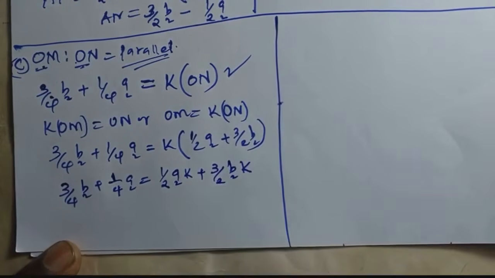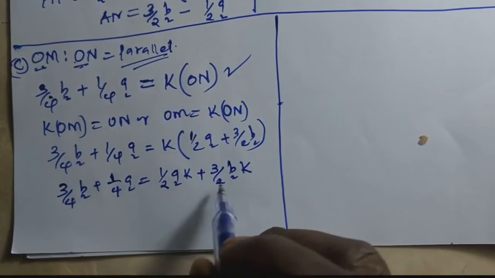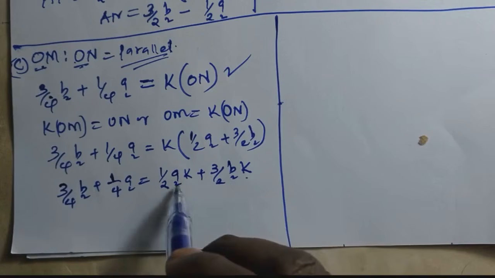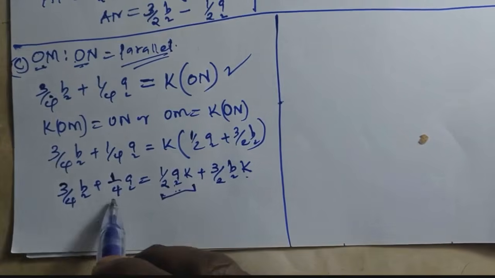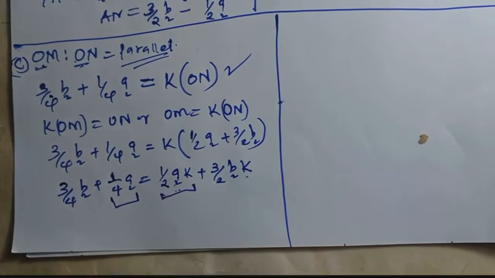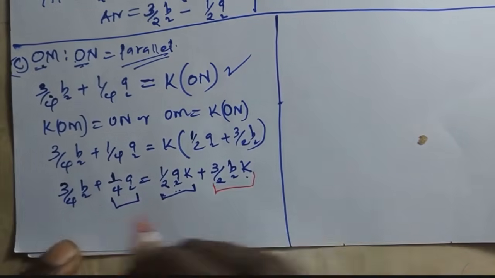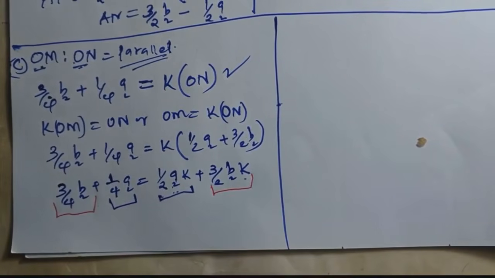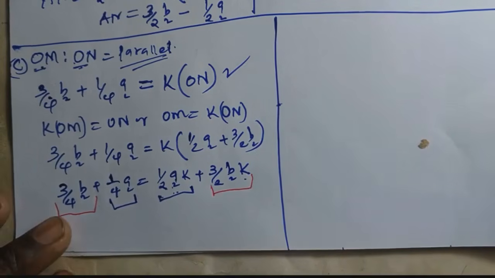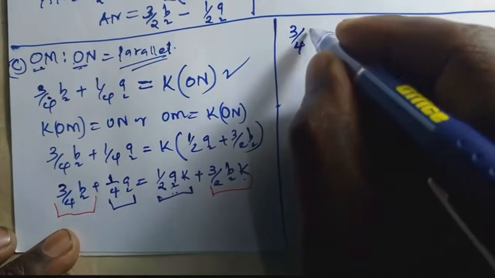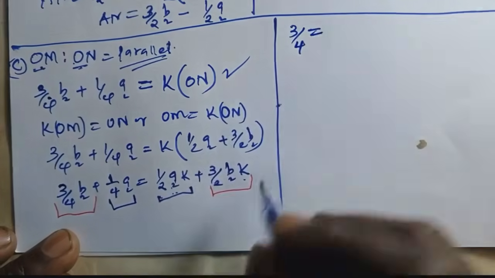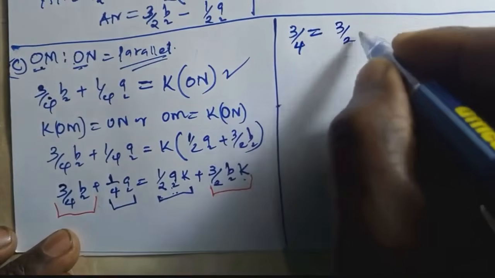So when you get here, you compare the coefficients of k where we have vector A, so this one and this one are the same, and the one with B, this one and this one are the same. So we compare those that have the same vector, B or A. So we are going to say that 3 over 4 B, when we ignore B, will be equal to 3 over 2 k.